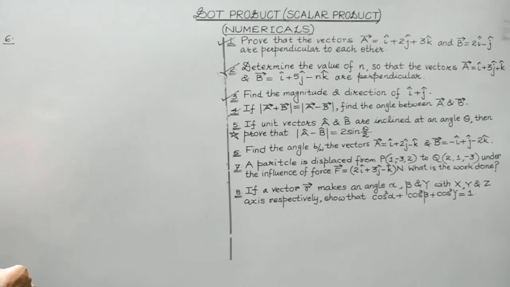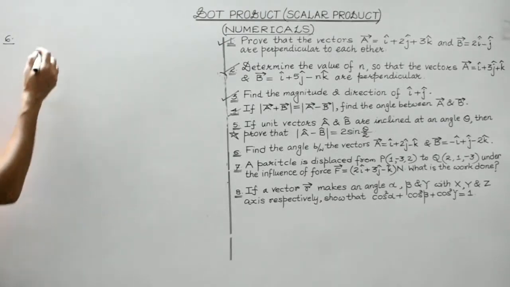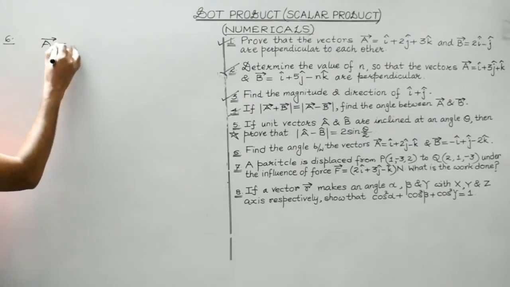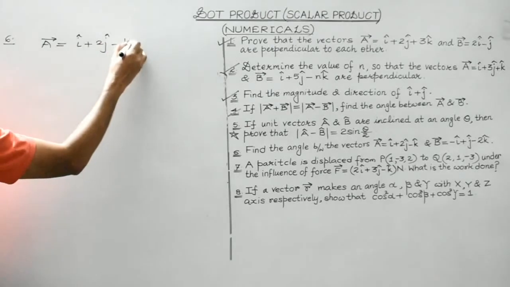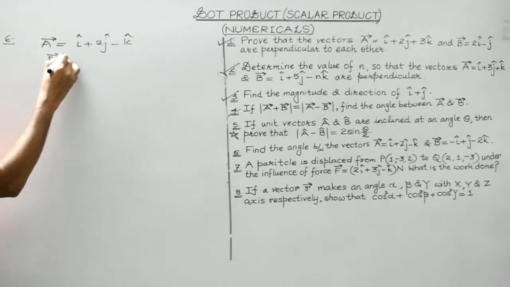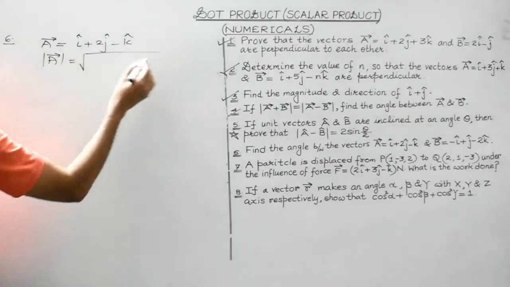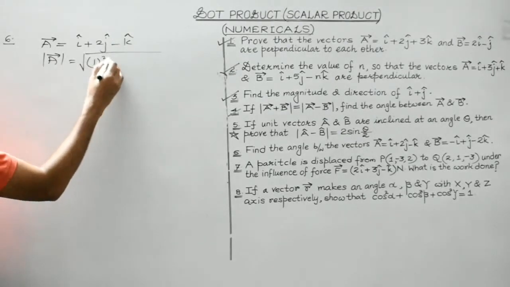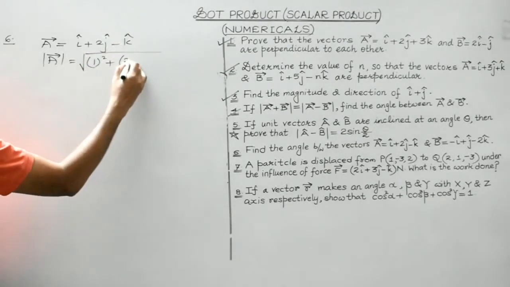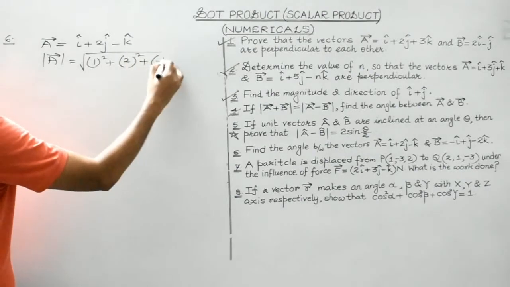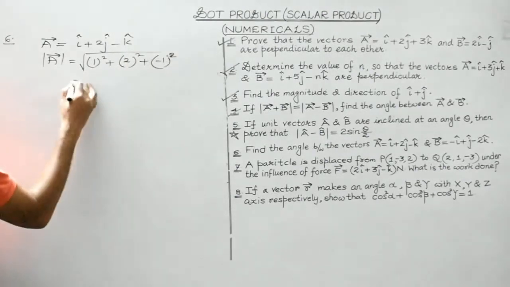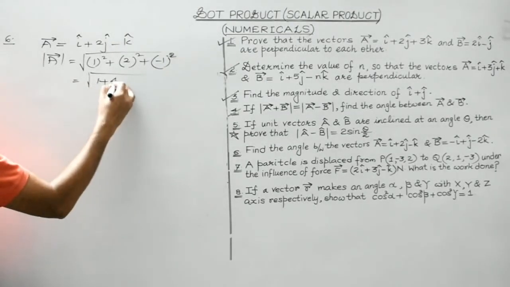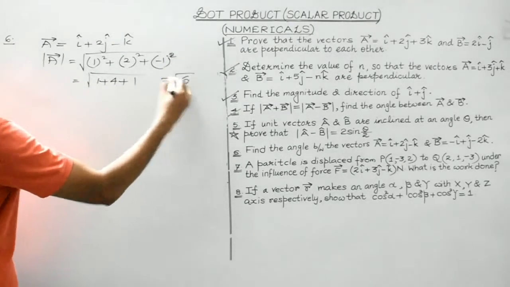It's given a vector is i cap plus 2j cap minus k cap. So what about the magnitude of a vector? It will be equal to square root of coefficient of i is 1 square plus square of the coefficient of j plus square of the coefficient of k. So what we get is 1 plus 4 plus 1, that is root 6.